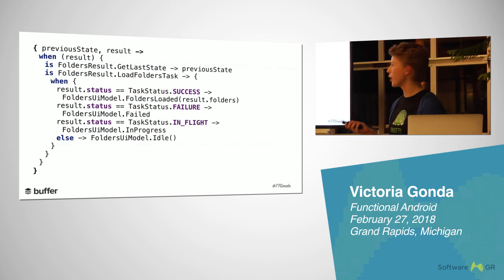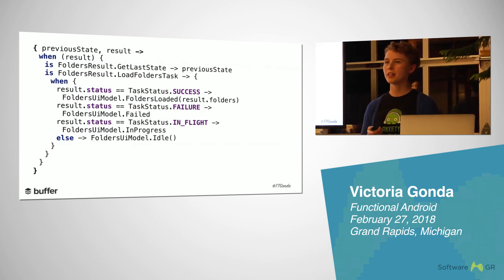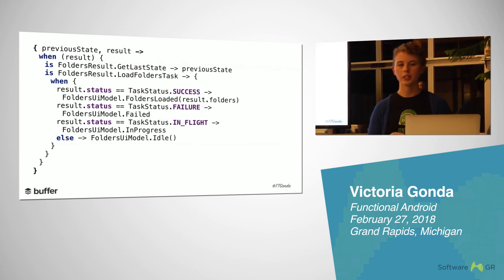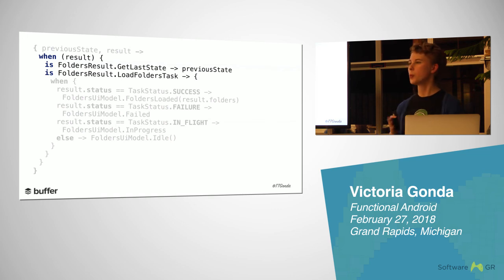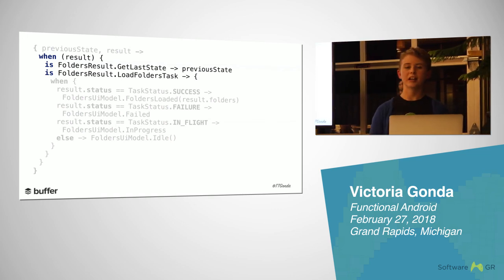So this is from the view model. It's mapping some result to the UI model that should be displayed. Before even digging in, we see it's a higher order function. So, just quickly what it's doing so we understand the context.